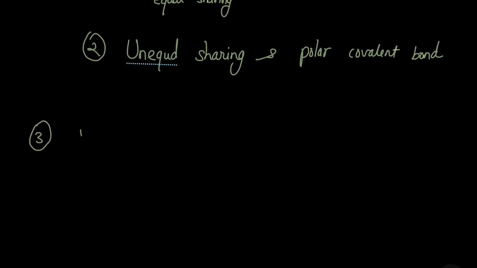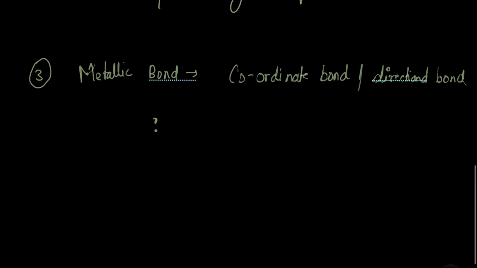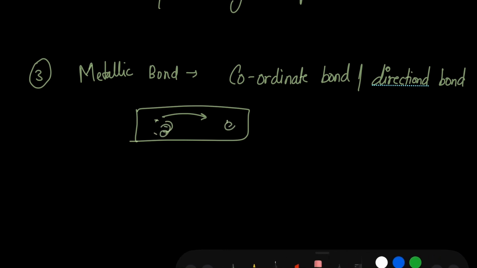Third type of strong bond is metallic bond. It is also called as coordinate bond or directional bond, because both the electrons are given by only one molecule or atom.